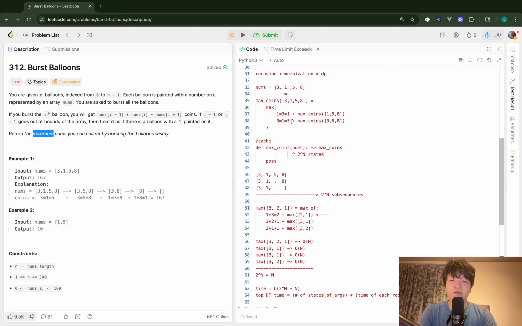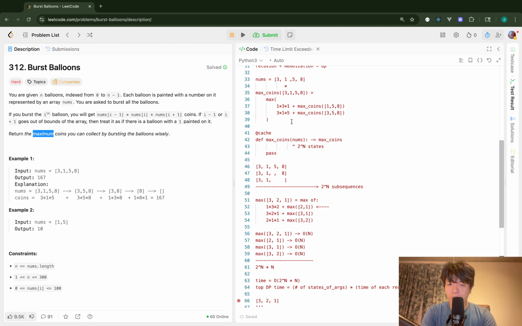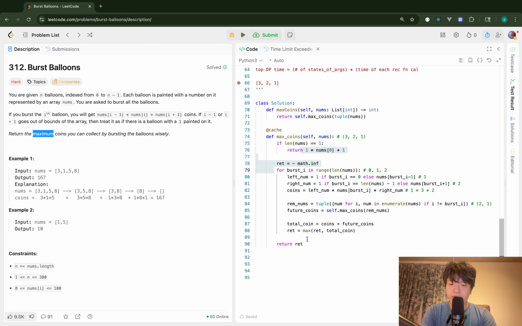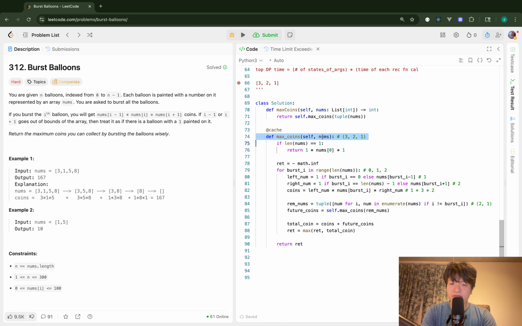Okay, so yesterday I solved this question with top-down dynamic programming, and the implementation is like this. This is the recursive function, and the argument is nums. This nums is the tuple of numbers remaining.